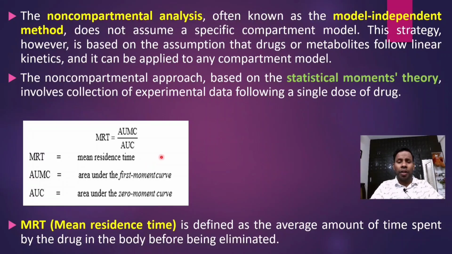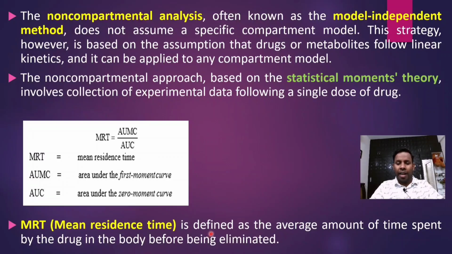So this non-compartmental analysis is based on this mathematical expression: MRT is equal to AUMC by AUC. MRT stands for mean residence time, AUMC is area under the first moment curve, and AUC is area under the zero moment curve, the area under the curve. Then what is this MRT? MRT stands for mean residence time. This term is telling everything.